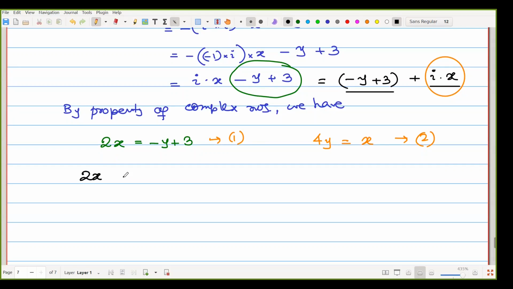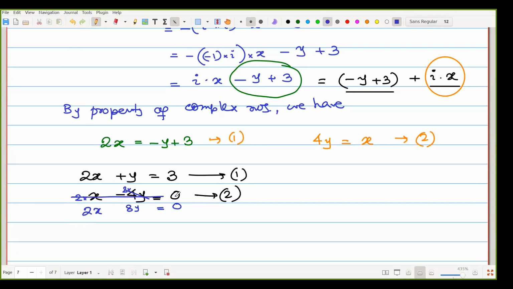Suppose like 2x plus y is equal to 3, that is equation 1, and from equation 2, x minus 4y is equal to 0. That is equation 2. So we are writing here 2x, 2 into, that means 8y, that one is equal to 0.